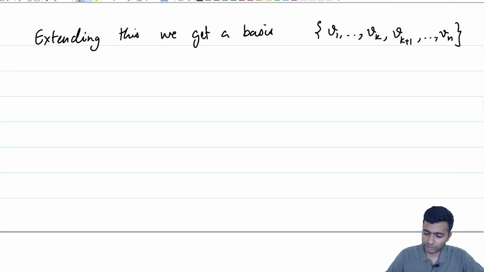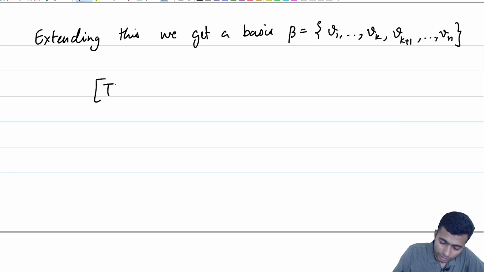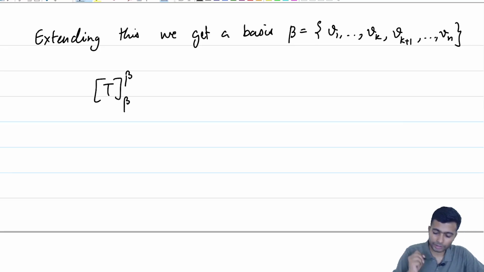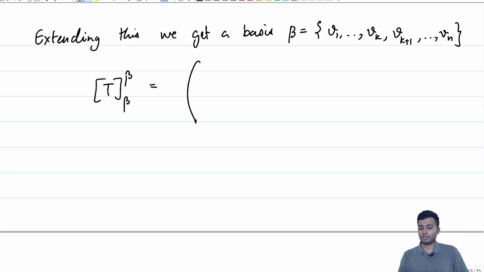Okay. So, let us look at the matrix of T. Let us call this basis beta. We are interested in the matrix of T with respect to the basis beta. What will be the first column? The first column will be T v1, and notice that T v1 is just lambda naught times v1, and similarly T v2 is lambda naught times v2. So, the other basis vectors do not contribute anything.